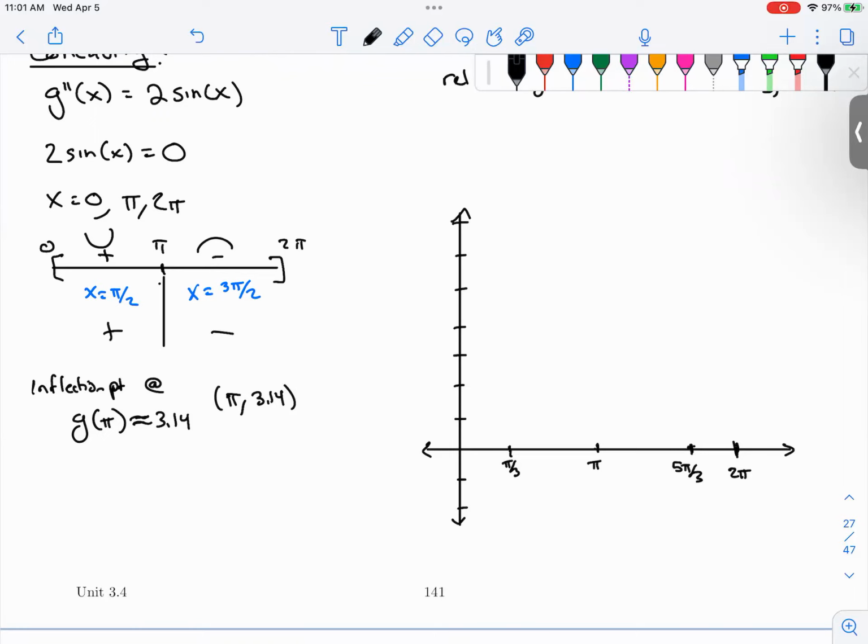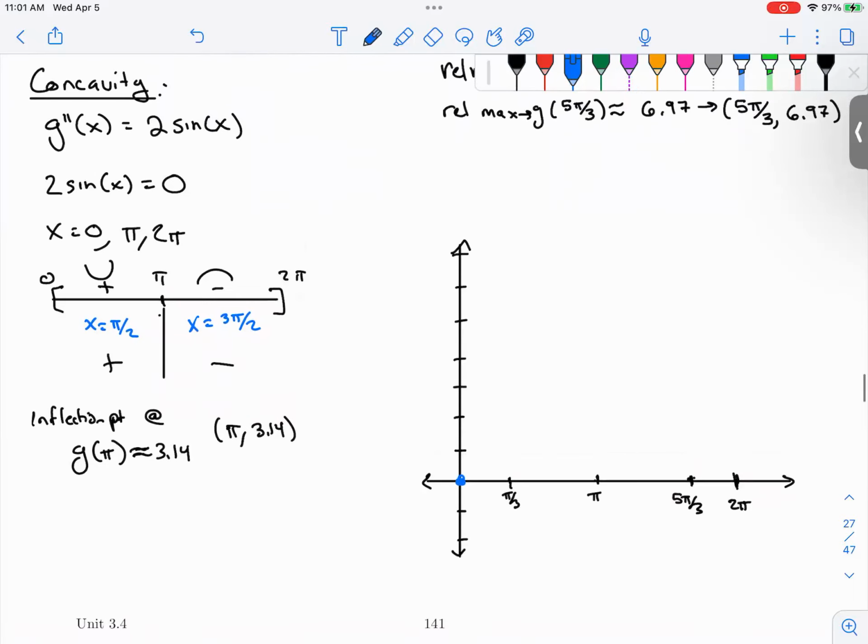All right, let's pull out all of our points first. So we had 0, 0. We had pi over 3 comma -0.68, so roughly about there. We had pi and then 3.14, so roughly about there. And then at 5 pi over 3, we're at roughly 7, so right about there.